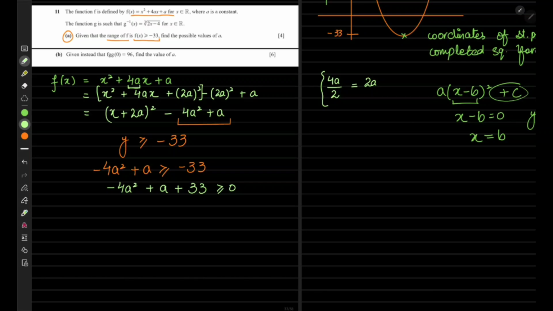Now what should we be doing? There are two ways. You can either multiply, because normally we do this, but it's not a compulsion. I'm multiplying this whole equation by minus 1, so we'll get 4a squared minus a minus 33 is less than or equal to 0.